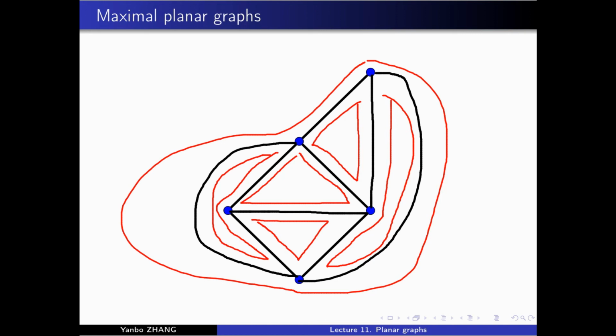Every face has length exactly 3. This is a maximal planar graph. A maximal planar graph is a planar graph, but adding one more edge will create a non-planar graph.